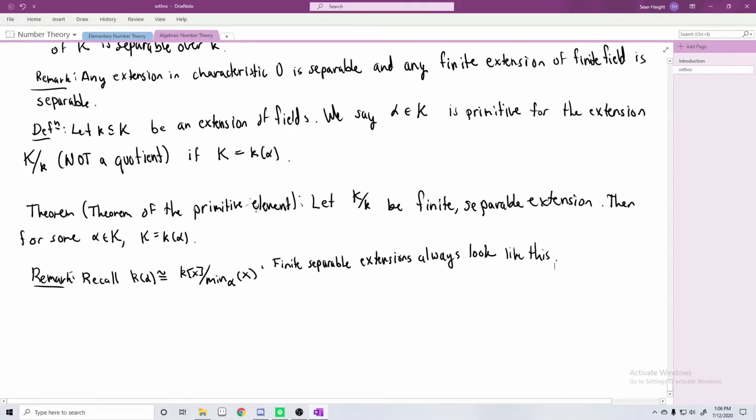Okay. The reason I really wanted to talk about this was to prove this theorem in Milne, which looks like the following. So there's quite a few hypotheses.